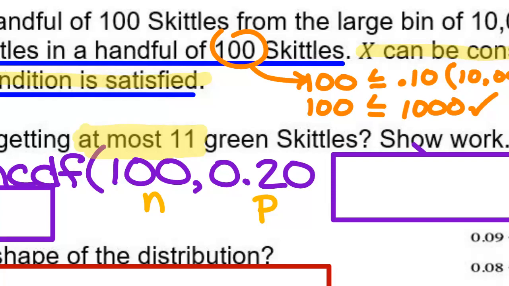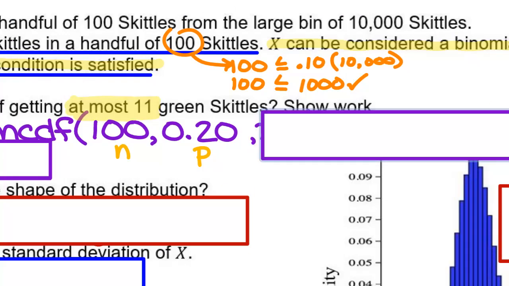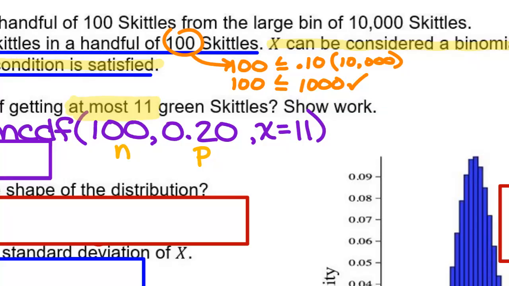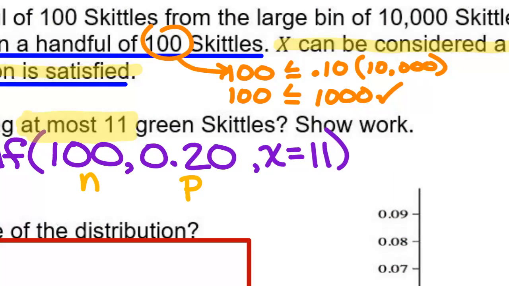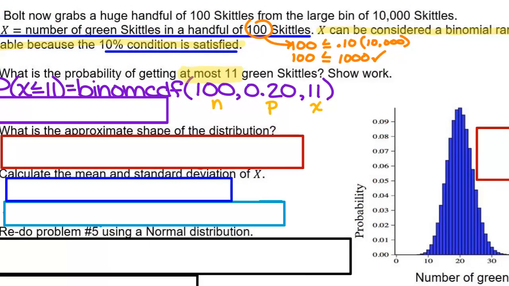And then what is the last number that we feed into this? The X, which in this case is 11. So I would have 11, close my parentheses. We're going to label that as X. This is the level of work that I need to see on a problem like this.